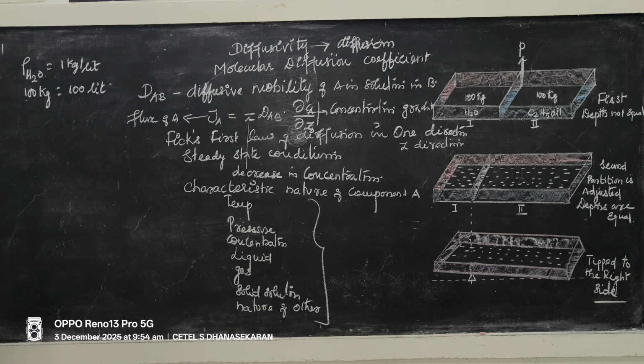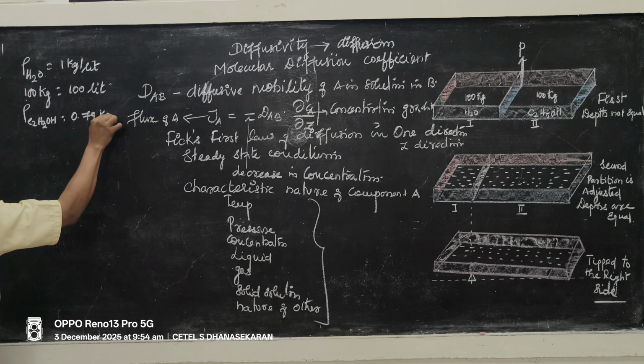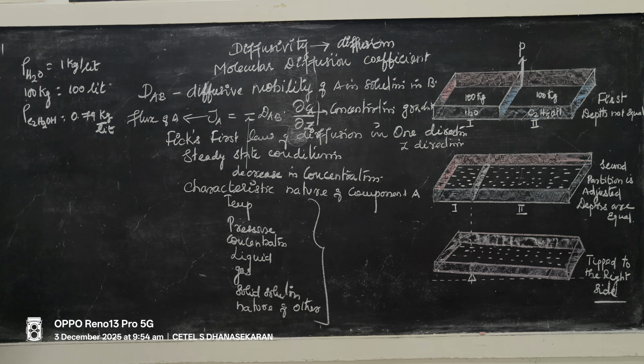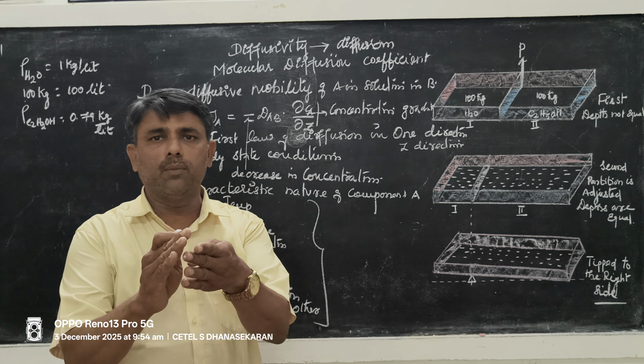Clear? Density of ethanol is 0.79 kg per liter. If you are taking 0.79 kg, it occupies a volume of 1 liter.